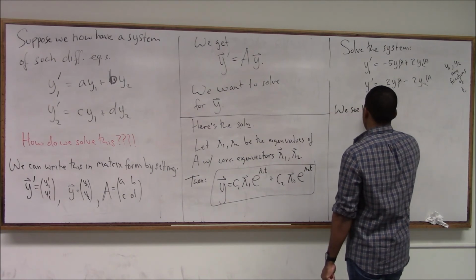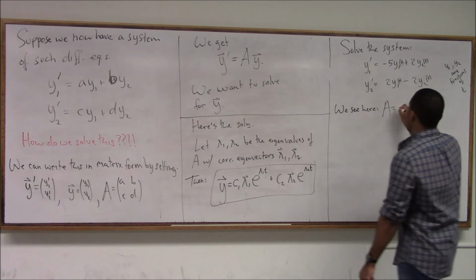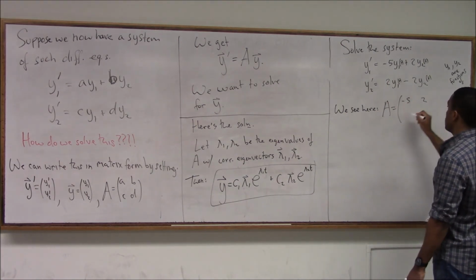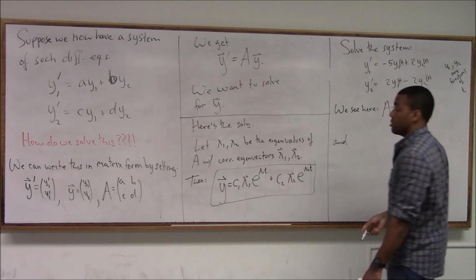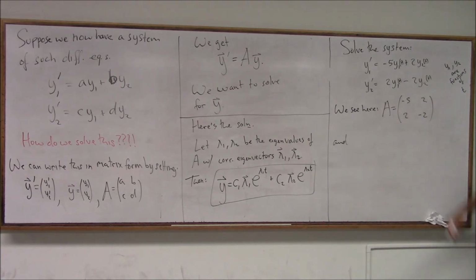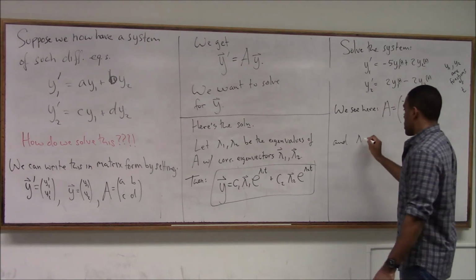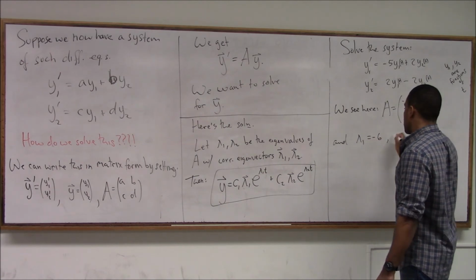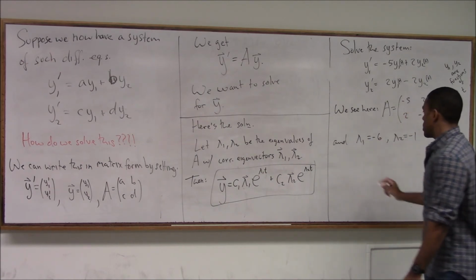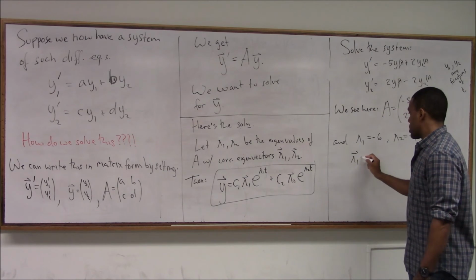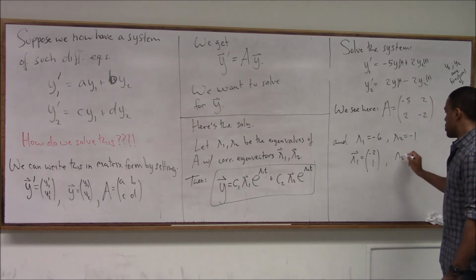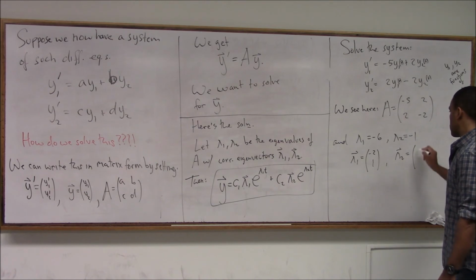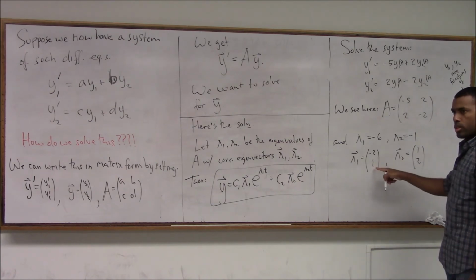And so what you can do is, we see here that our A matrix is minus 5, 2, 2, minus 2. And that's the same matrix that we found the eigenvalues and eigenvectors for earlier. Our lambda 1 was minus 6. Our lambda 2 was minus 1. Our lambda 1 vector was minus 2, 1. Our lambda 2 vector was 1, 2.